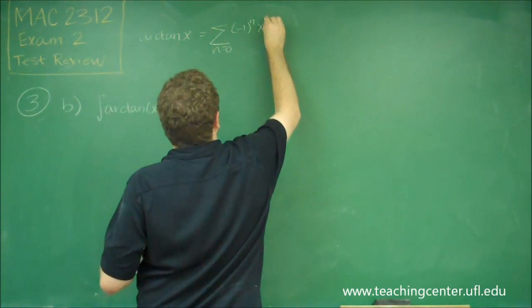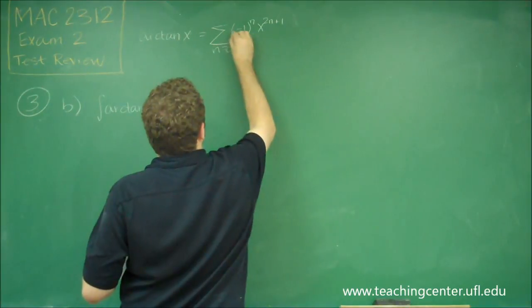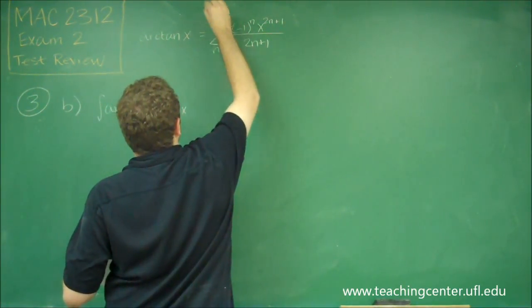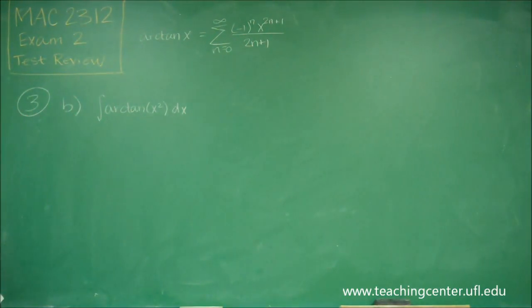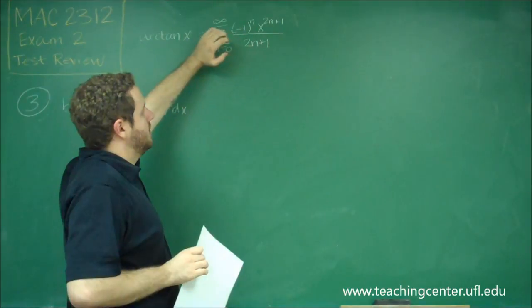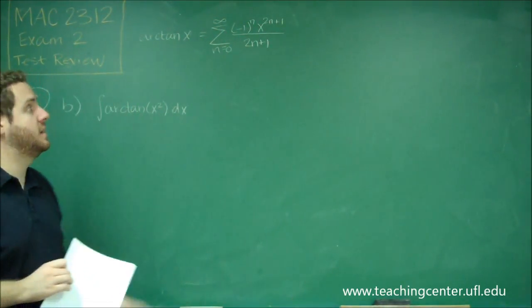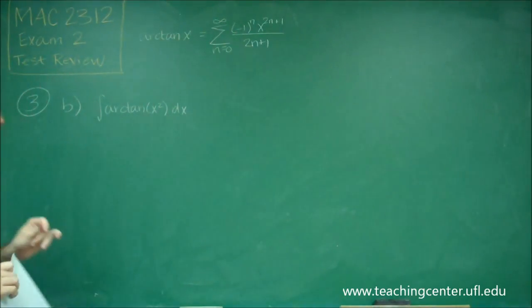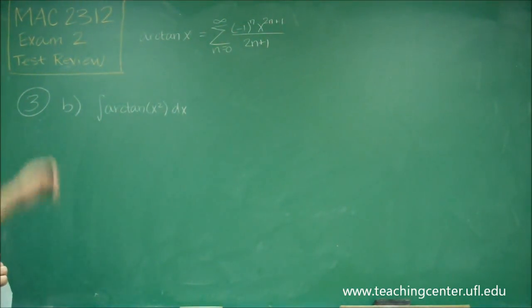We have odd powers of x, and we divide by that same odd number every time. So you can see here that when you plug in n equals 0, you get the term x, which is the first term of arctan. Next you get negative x cubed over 3, on and on and on. Okay, so that's arctan of x.